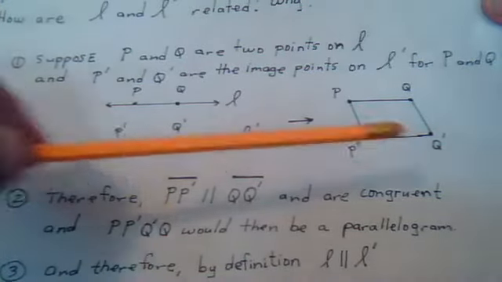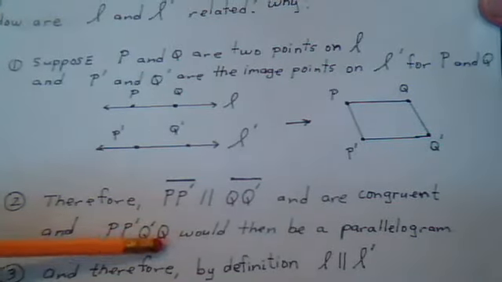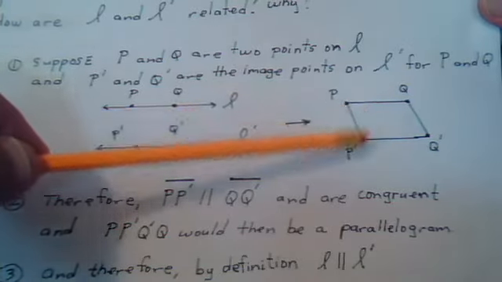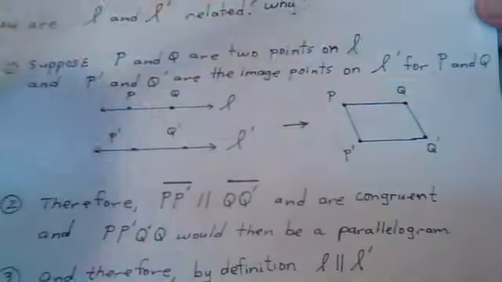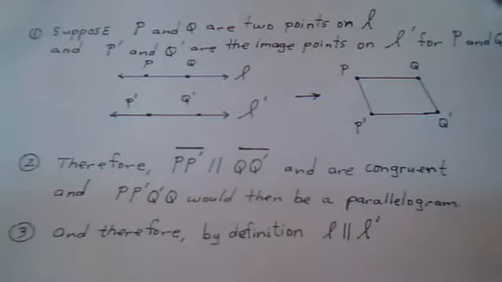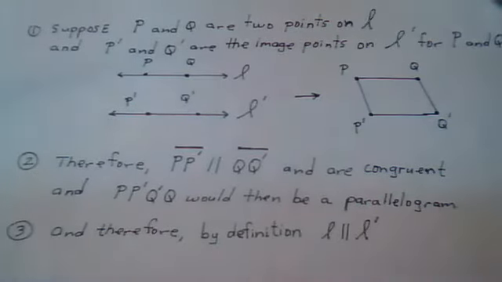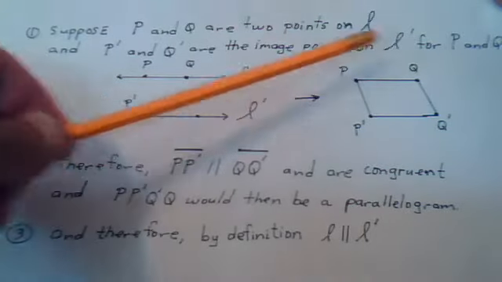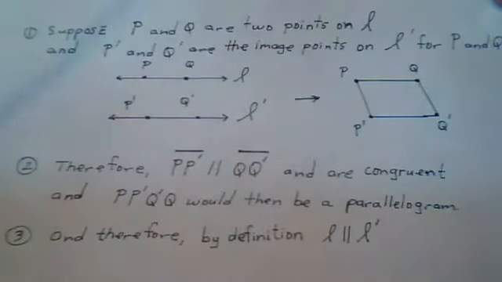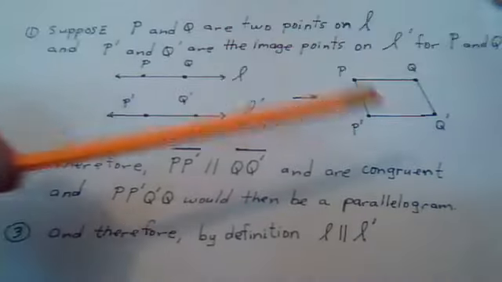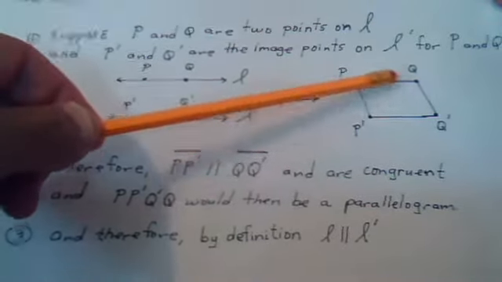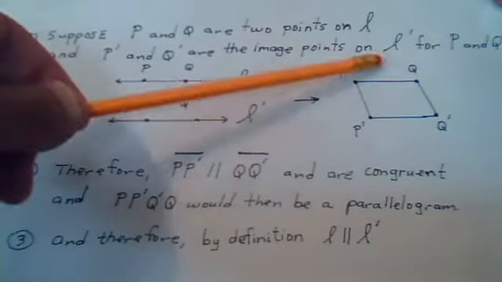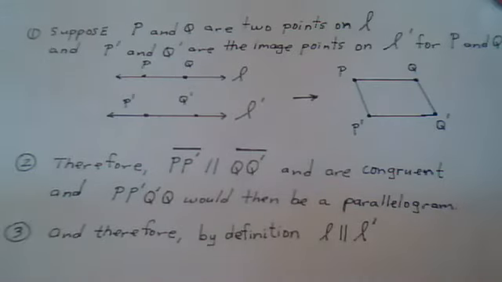P, P prime, Q prime, Q, in other words, here, here, here, here, these points form then a parallelogram. And if it forms a parallelogram, that means opposite sides are congruent. We already talked about these being congruent. But we're looking for the parallel.